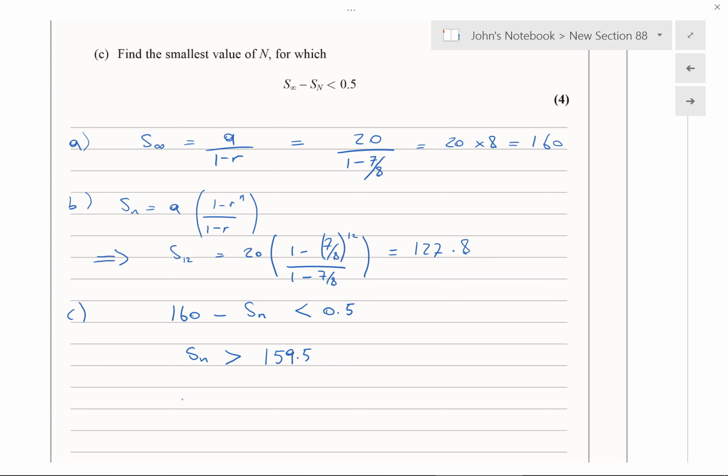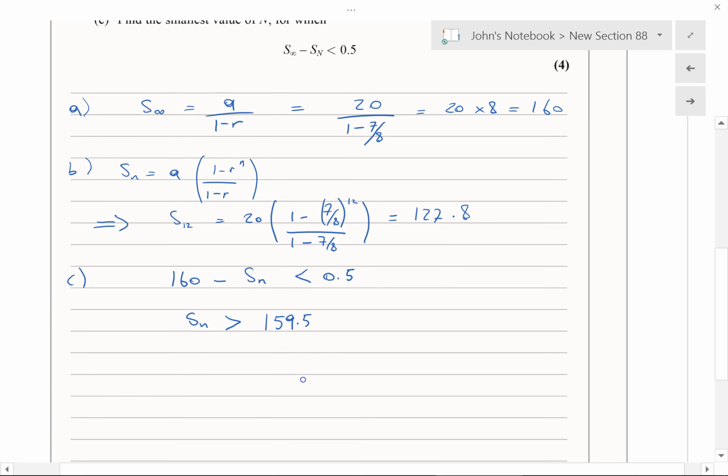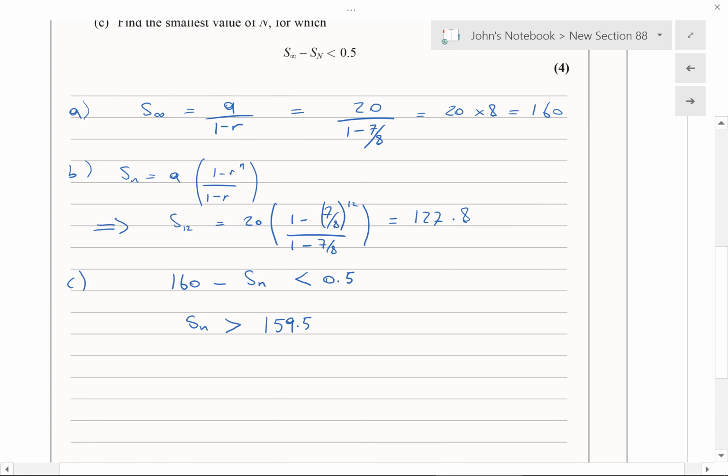So we've got 20 times 1 minus 7 over 8 to the n, over 1 minus 7 over 8, has got to be greater than 159.5.